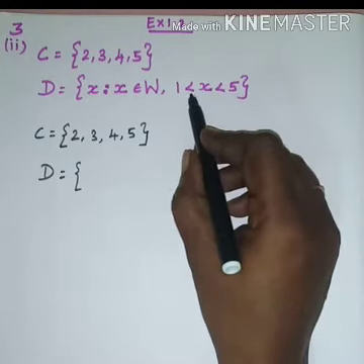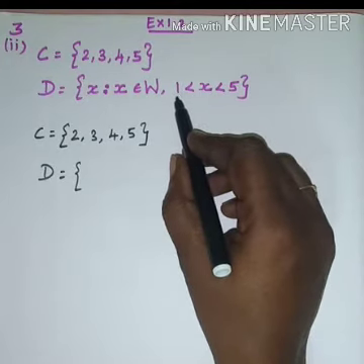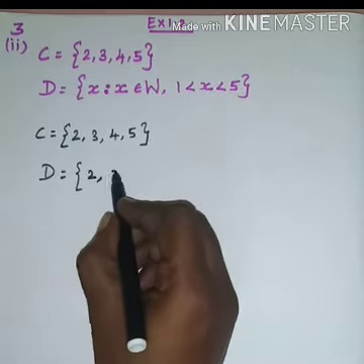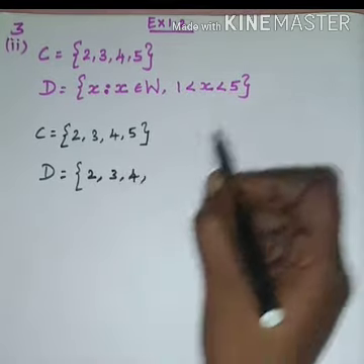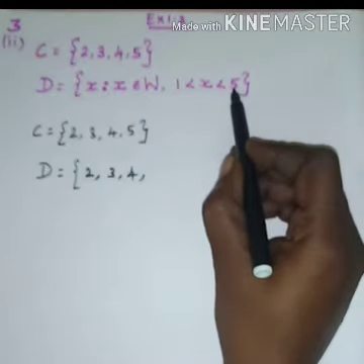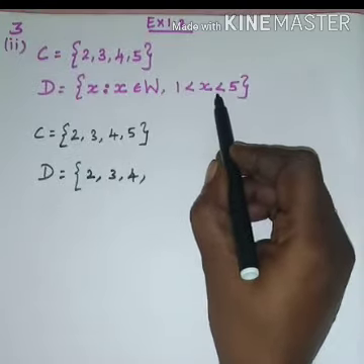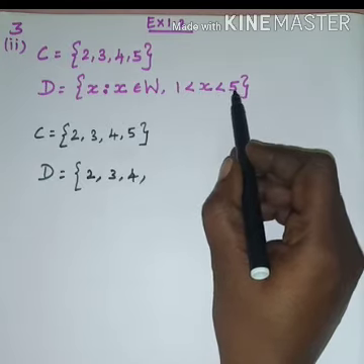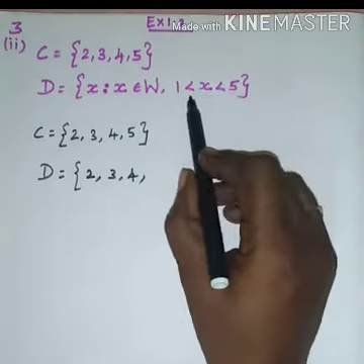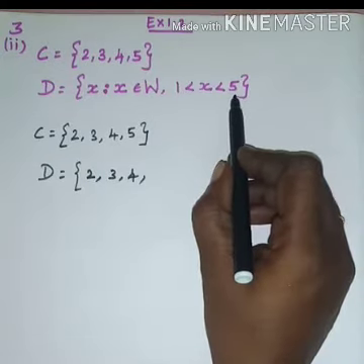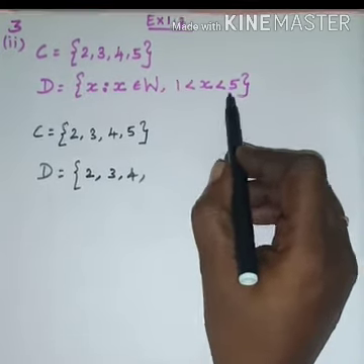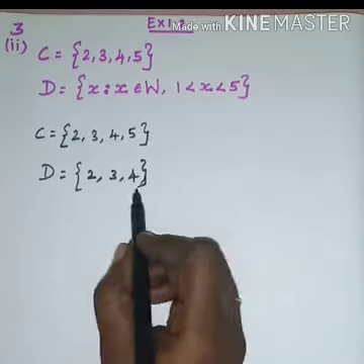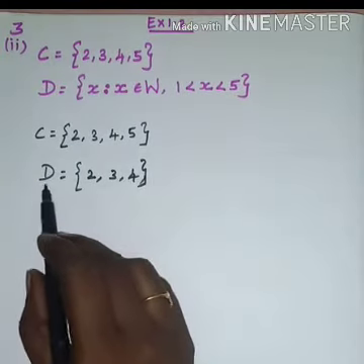Here, the equal to sign is not given, so we should not take 1, and the next number is 2, 3, 4 and 5. 5 is the last number and the equal symbol is not given, so we should not take 5. So only 3 elements we can take: 2, 3, 4. These are the elements of D.